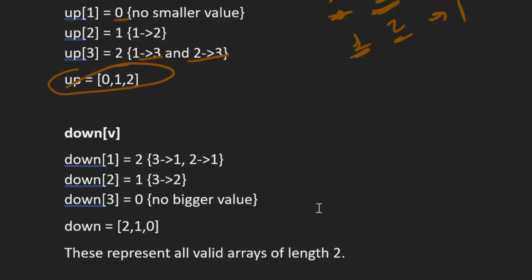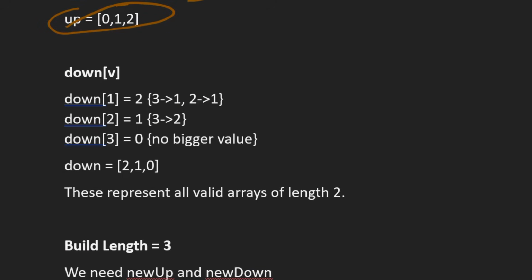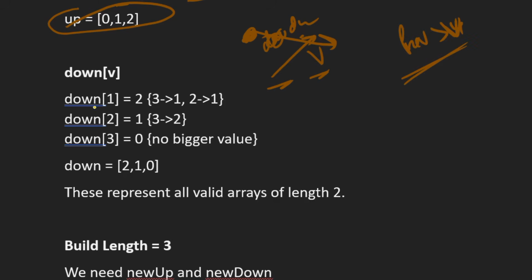Then in the base case we will find the down of v, right? That means here the element value is v, and down means this side, down. So the previous element should be greater than v. So down of 1, we have two elements greater than 1, that is 2 and 3.